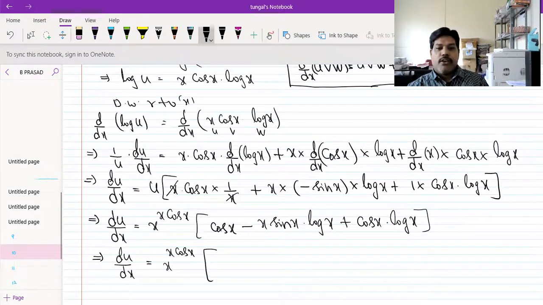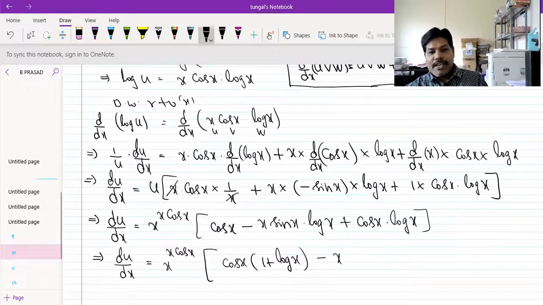From the first and the last third term, I will take cos x common. If you take cos x common, it will become 1 plus log x, minus x sin x into log x.